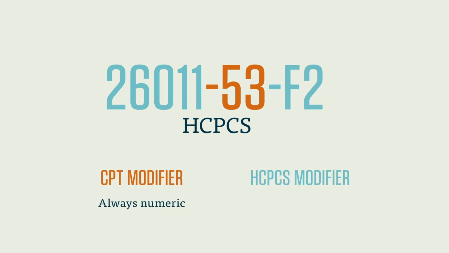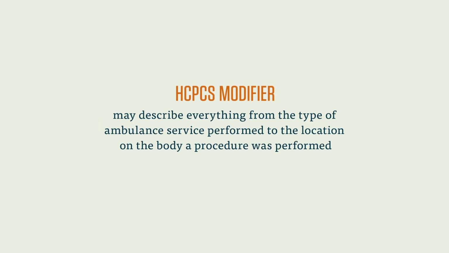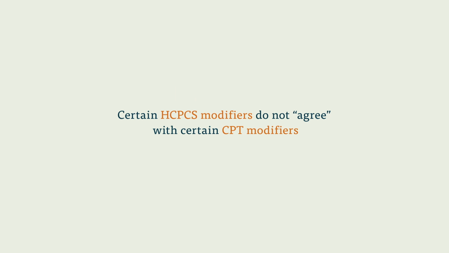CPT modifiers are always numeric, and HCPCS modifiers are always alphanumeric. There are significantly more HCPCS modifiers than CPT modifiers. HCPCS modifiers may describe everything from the type of ambulance service performed to the location on the body a procedure was performed.